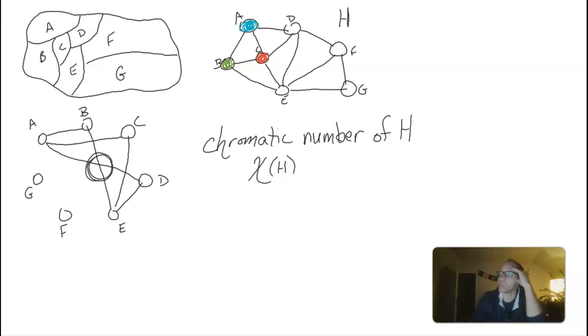And then at this point, the question is, could I continue and use only 3 colors for the rest of the graph? Notice I haven't really made any choices yet because these 3 had to have some color, and specifically they had to have different colors. So it didn't really matter which color we used. We had to use up 3 colors for these, but could we continue now? Well, D, if I'm going to try to do this whole graph with 3 colors, I'm going to have to color that one green because it can't be blue or red.